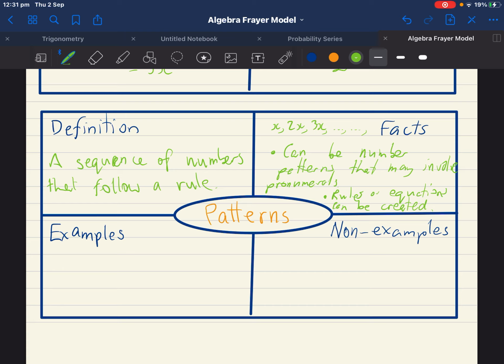Examples. All right. So, here I'll use this example. Here it is. Here's an example of a number pattern. A pretty basic and boring one, but there's an example. You might have done something a little bit more interesting. Here's another example where we're going up by fives.